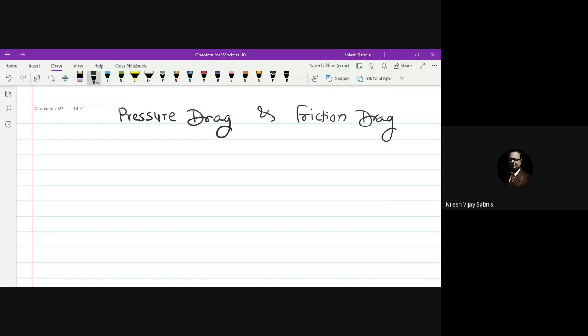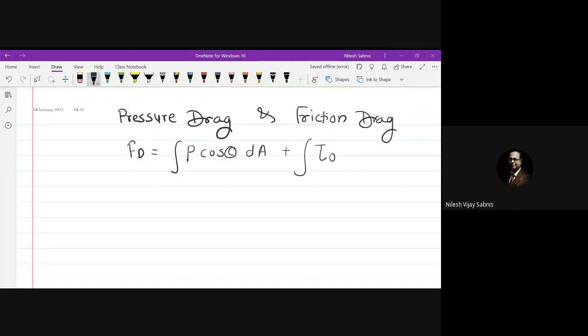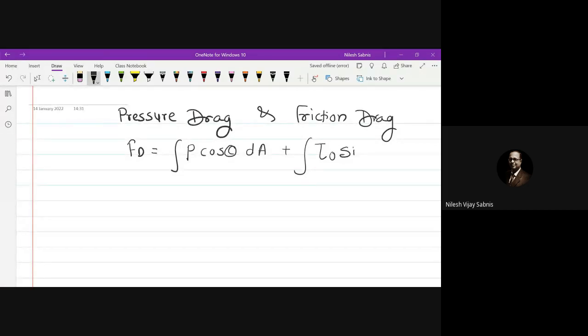So we saw the equation: FD is equal to integration P cos theta dA plus integration tau 0 sin theta dA.